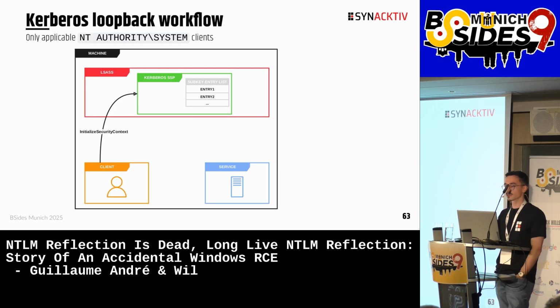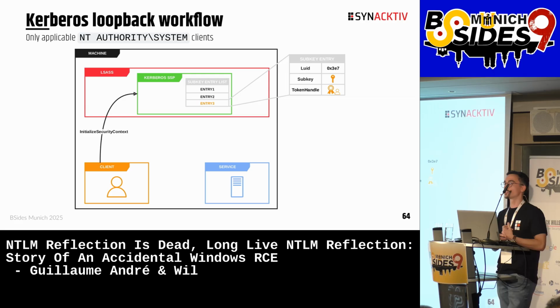To understand it, we must do a little bit of reverse engineering of the Kerberos SSP, which I will explain now. When the SMB client wants to authenticate via Kerberos, it will use InitializeSecurityContext to contact the Kerberos SSP, which will create what's called a subkey entry, which contains various information about the client.